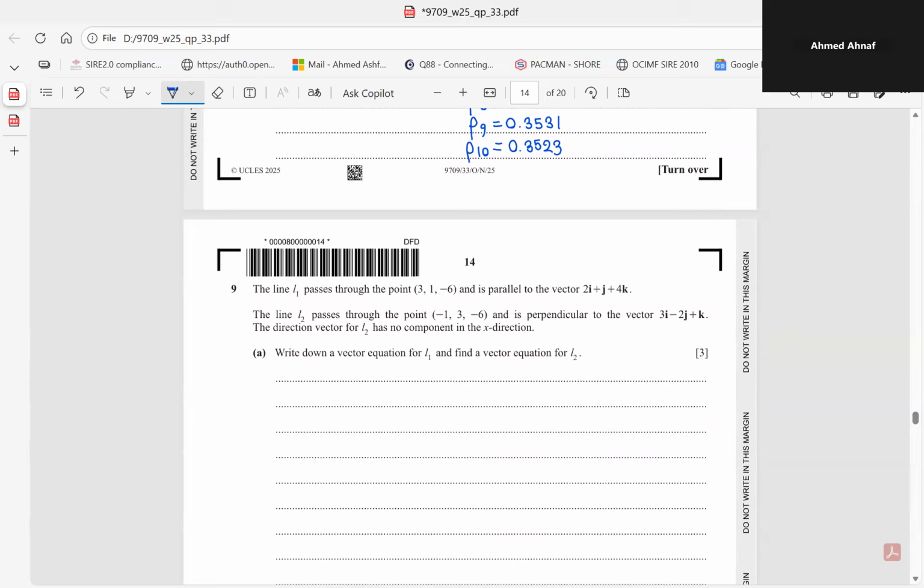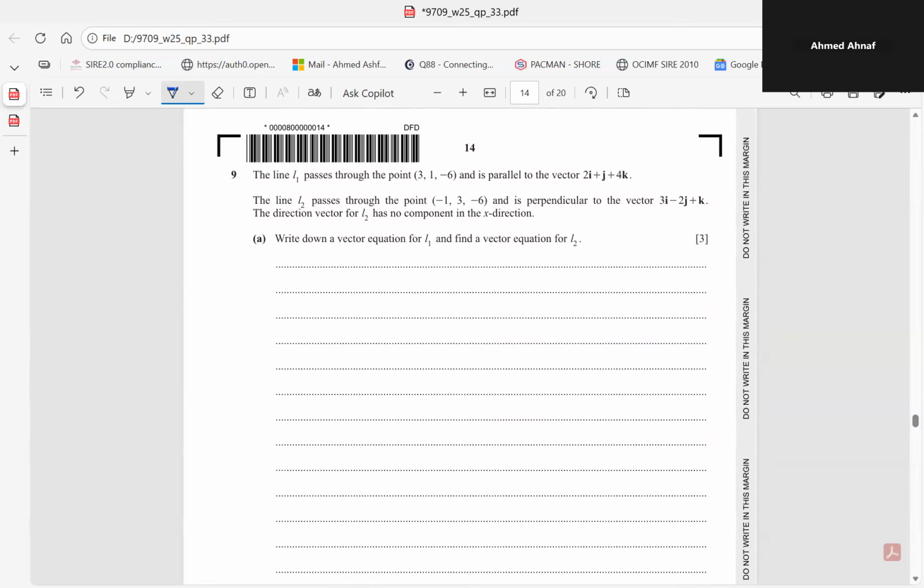Let's head on to the next question. For this question, we are told that the line L1 passes through the point 3, 1, -6 and is parallel to the vector 2i plus j plus 4k. The line L2 passes through the point -1, 3, -6 and is perpendicular to the vector 3i minus 2j plus k.